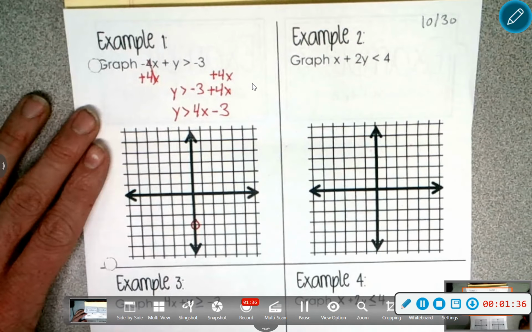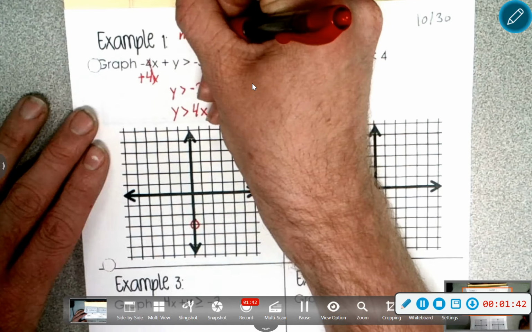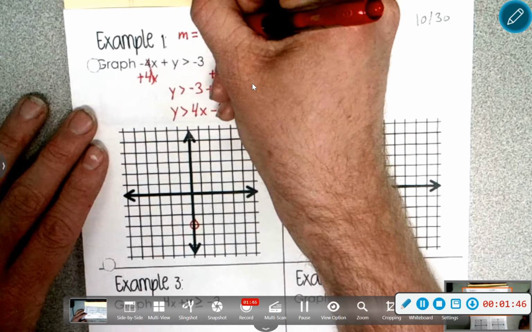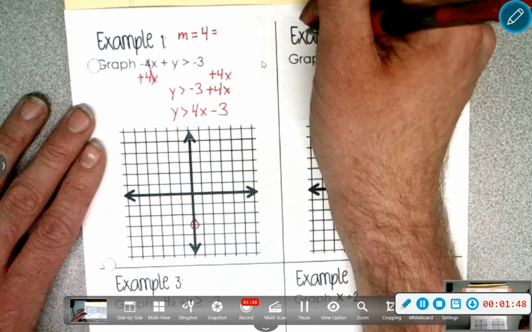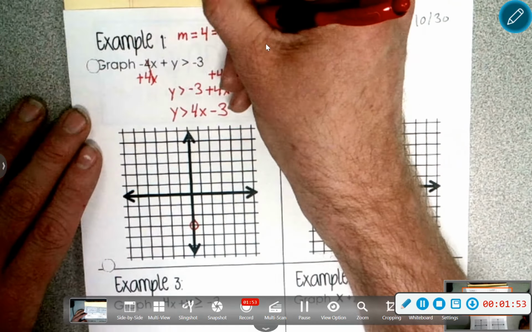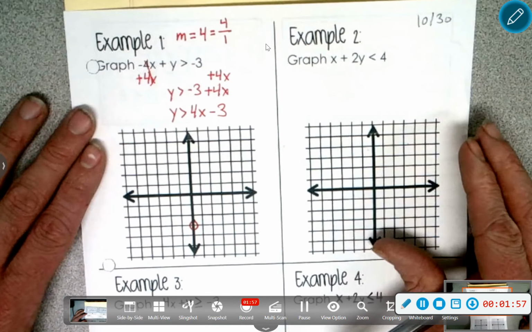We're going to use our slope to create new points. What is my slope? 4. And if I wanted to write it as a fraction, which you usually will want to do so you can use it to plot more points, I heard someone say you can write it as 4/1.